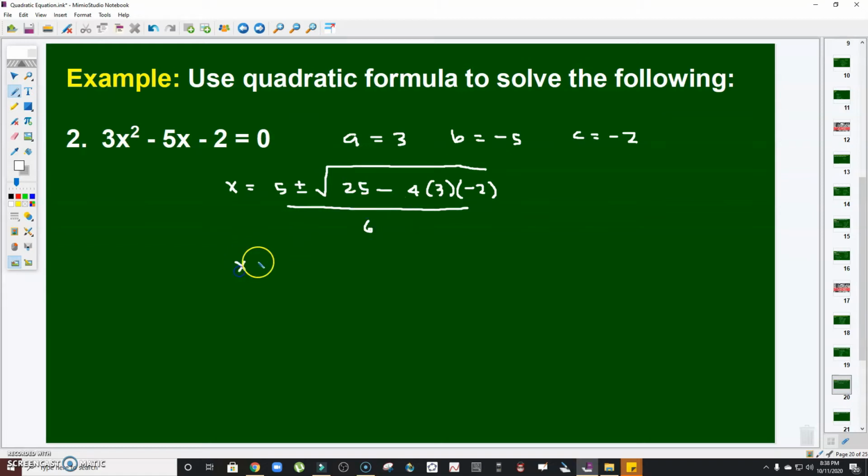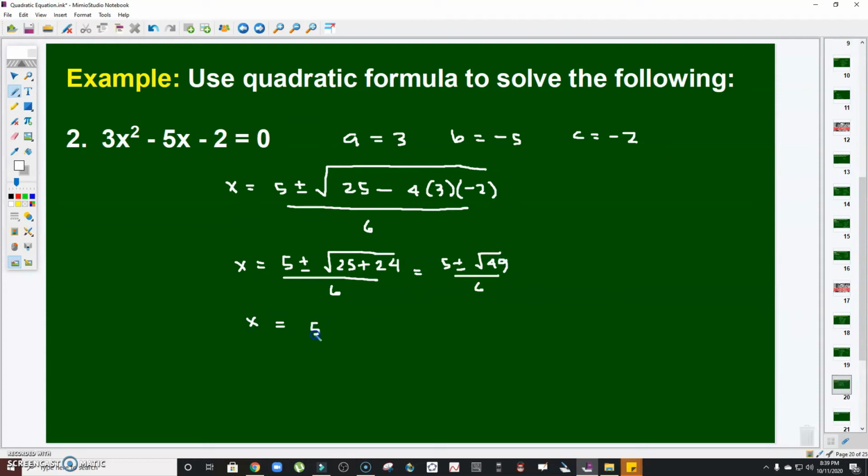Okay, so that is 5 plus minus. Now take note, 4 times 3 is 12, times 2 is 24. Negative times negative will become positive 24. So therefore, that will be 25 plus 24, and we know that's equal to square root of 49 all over 6. Take note, the square root of 49 is 7.